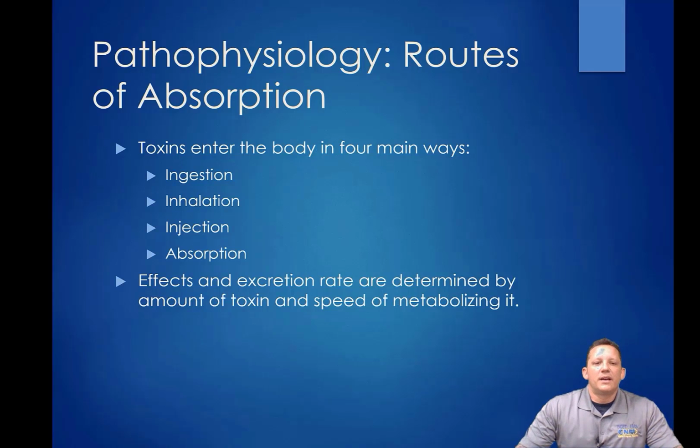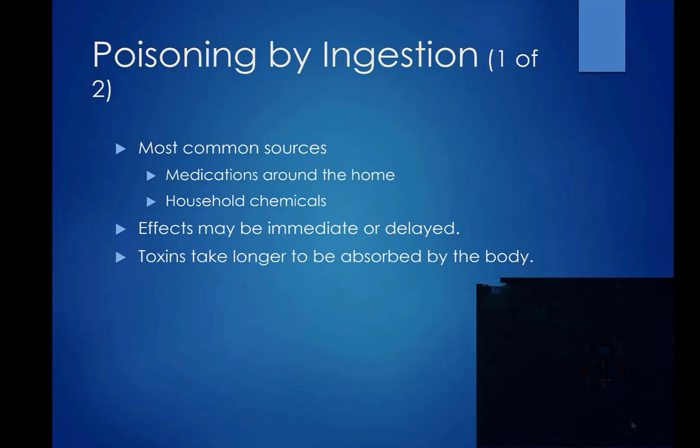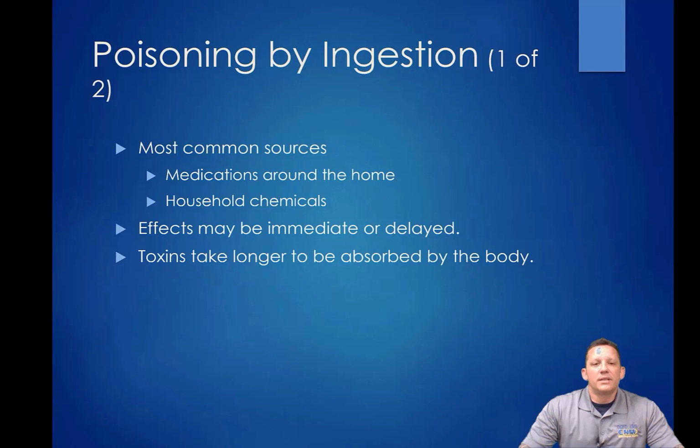Most of the effects of many drugs or compounds are dictated by the excretion rate, which means how quickly the body is able to metabolize it and excrete it through either urine or feces, and in some cases it can be exhaled. For the most part, the most common sources of poisoning are everyday medications found around the house.